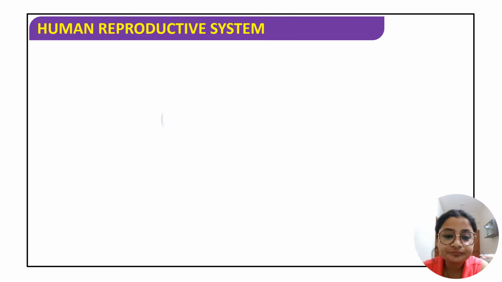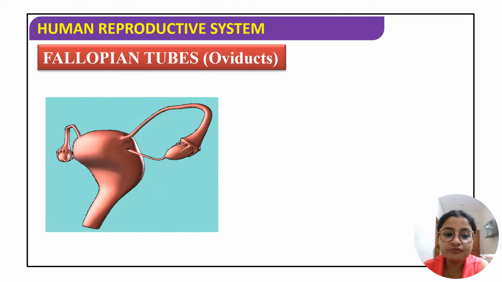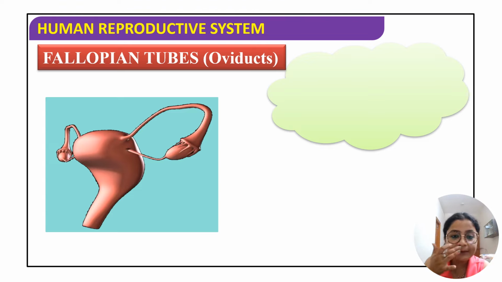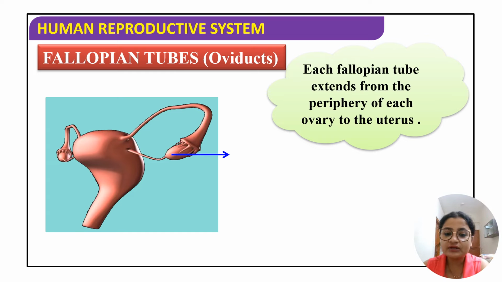Okay. Now moving on to the oviducts. So oviducts मतलब fallopian tube. Fallopian tube का दूसरा नाम है oviduct, जो कि एक बहुत ही important part है of the female reproductive system. Okay. और ये भी is present in a pair, मतलब दो दो होता है. ठीक है, तो each fallopian tube will extend from the periphery of each ovary to the uterus.